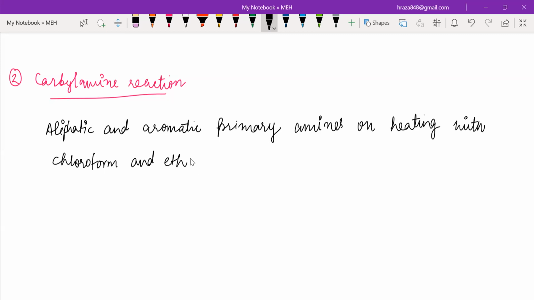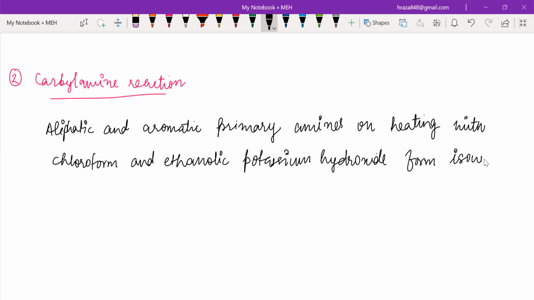and ethanolic, that means alcoholic, potassium hydroxide form isocyanides, or we also say carbylamines, which are foul smelling.